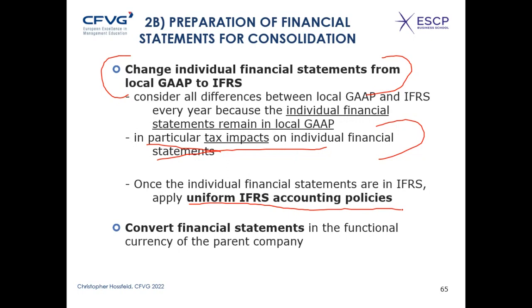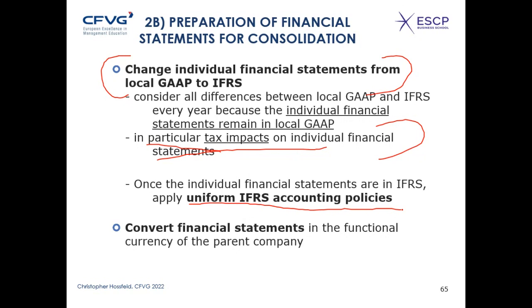So if you think about an airline, the airline has aircraft, and the aircraft needs to be depreciated. Well, this depreciation should be the same within the same group, independently of where the aircraft is located. So I don't care if the aircraft is in France or in Vietnam or somewhere else. It's the same aircraft that is used the same way in the group.